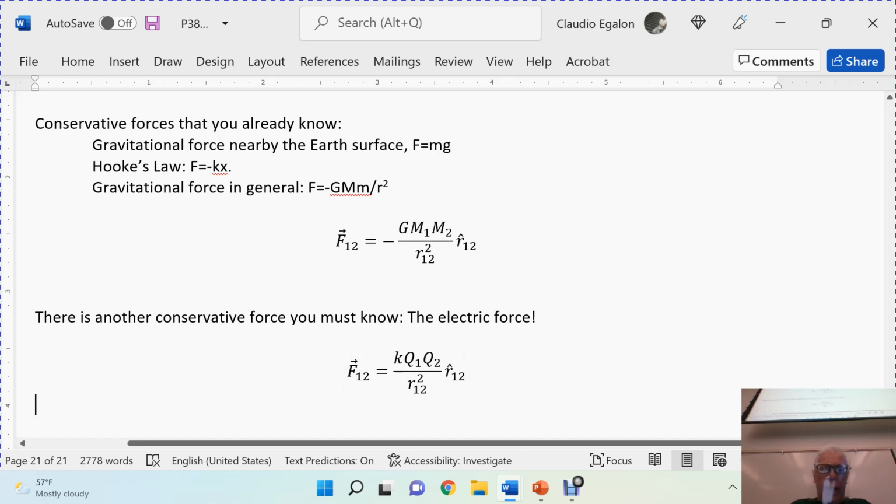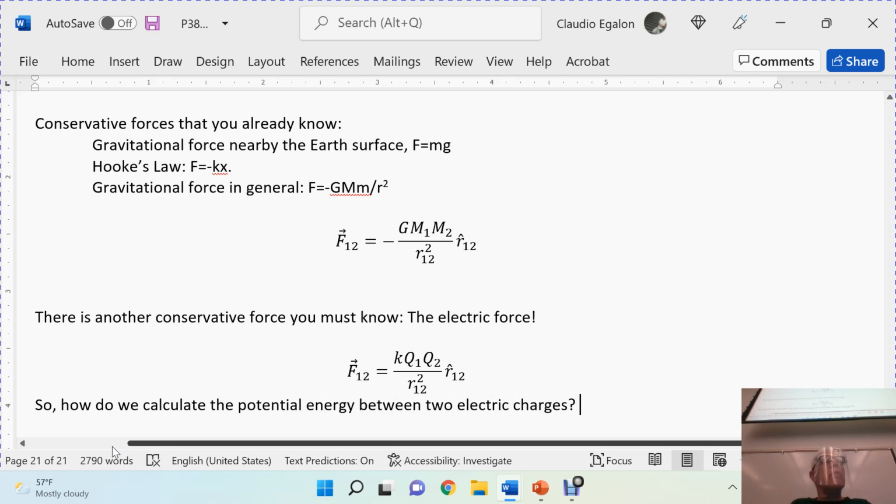So how do we calculate the potential energy between two electric charges?